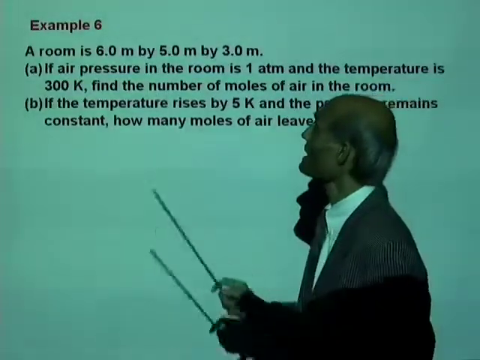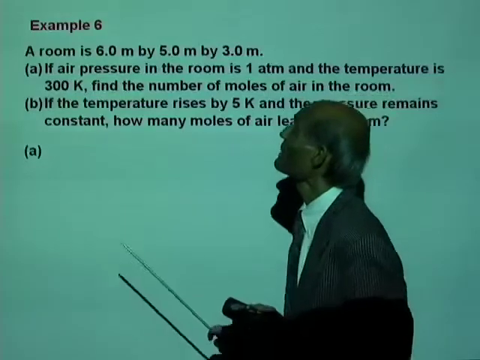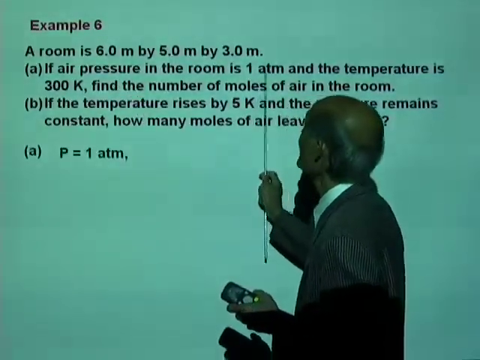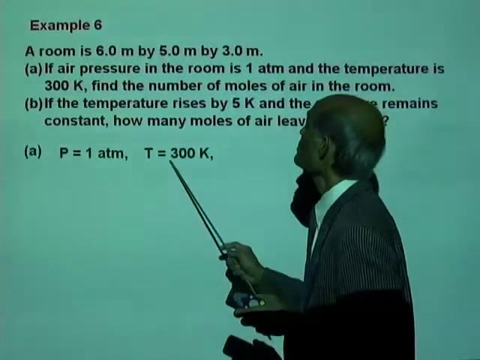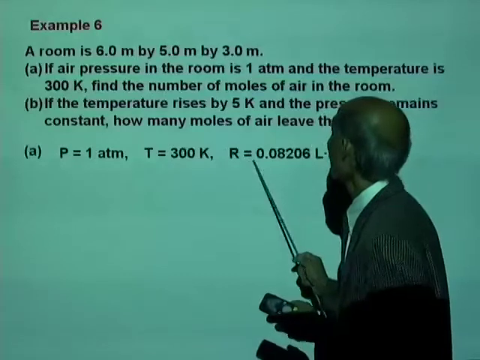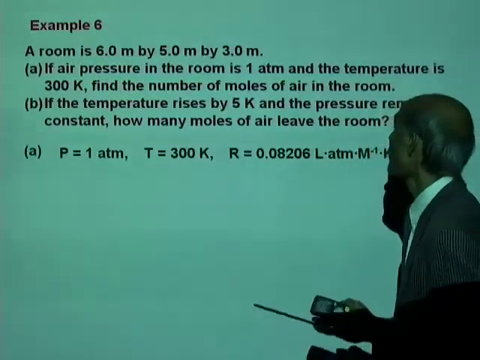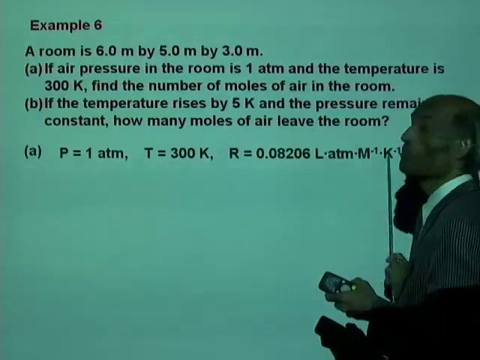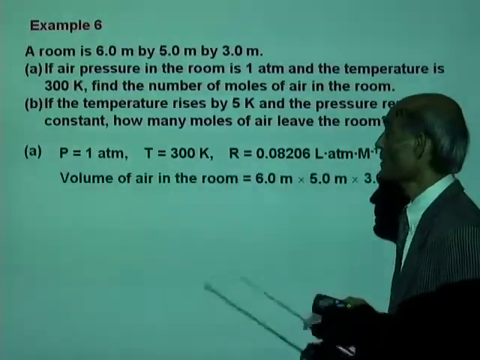Alright, let's first find n by writing down the given values. First of all, pressure is 1 atmosphere. Temperature is 300 Kelvin. R is 0.08206 liter atmosphere per mole per Kelvin.